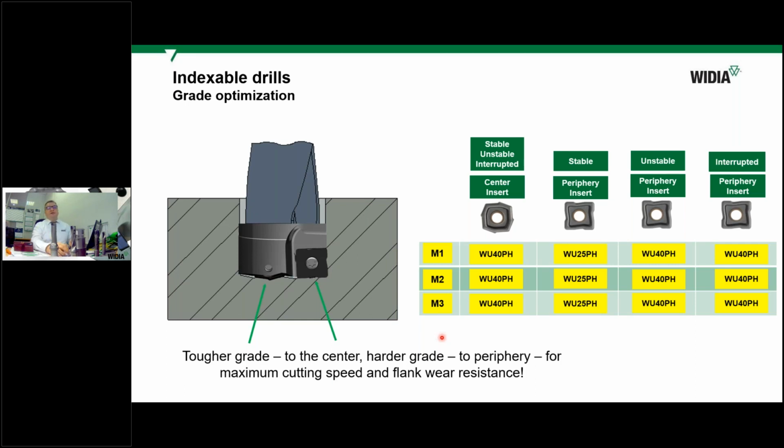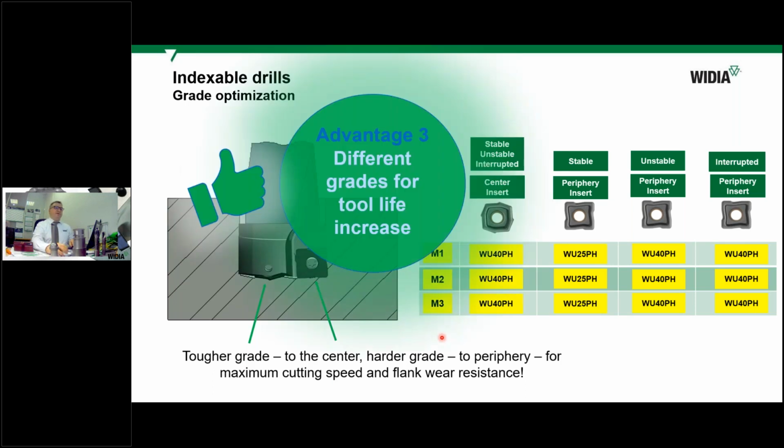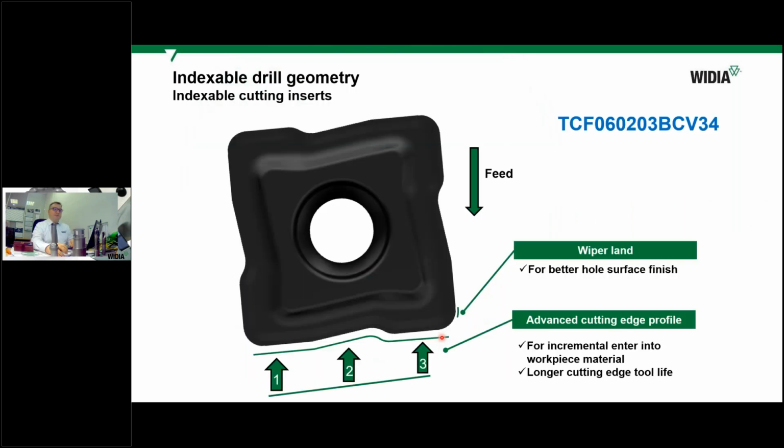If we use a modular drill or solid carbide drill, we cannot. We are using the central insert grade for the whole diameter, unfortunately. So this is a disadvantage of solid tools and modular tools, and a good advantage of indexable ones. So advantage number 3: different grades for tool life increase, or for different inserts.